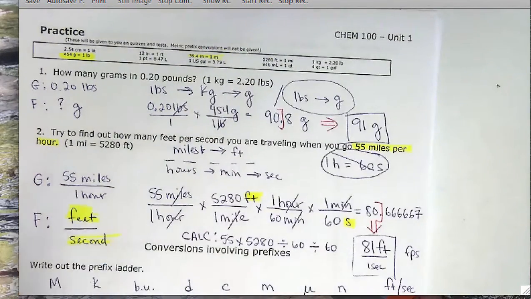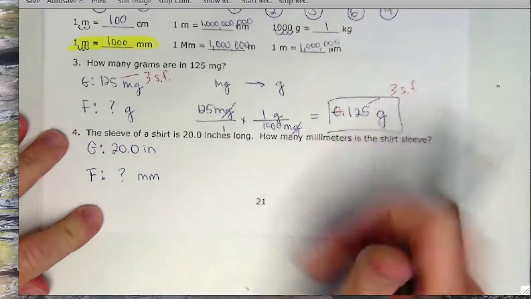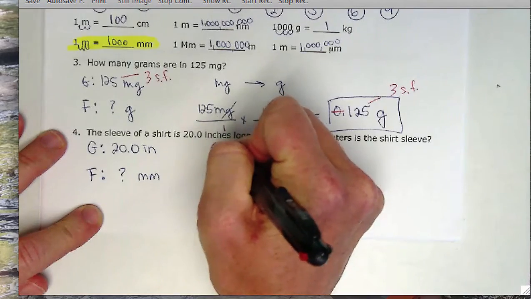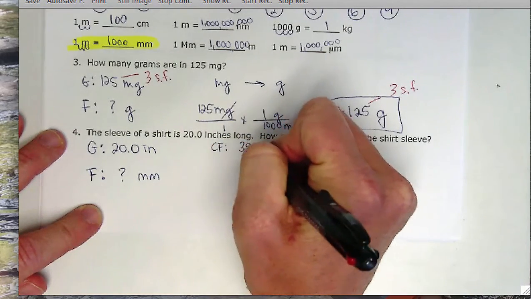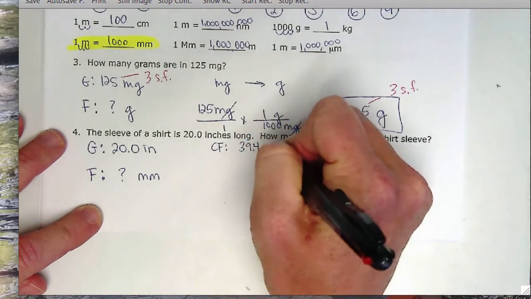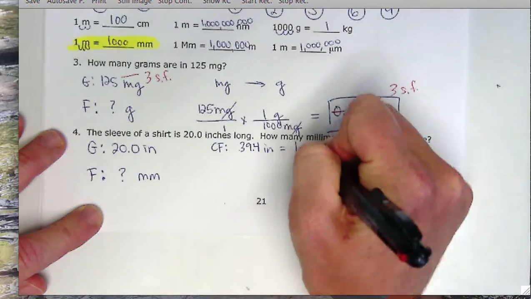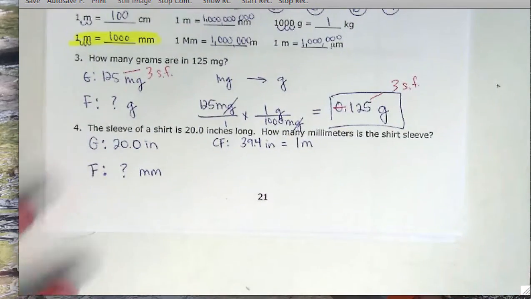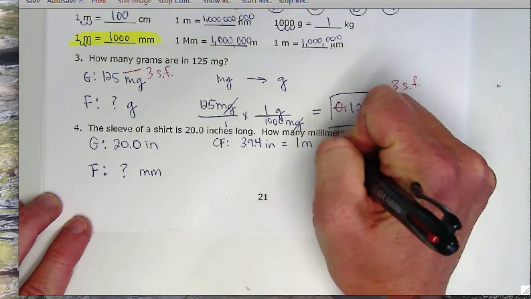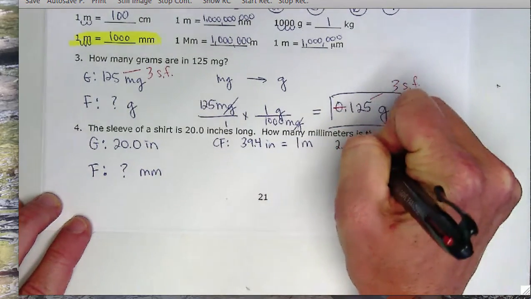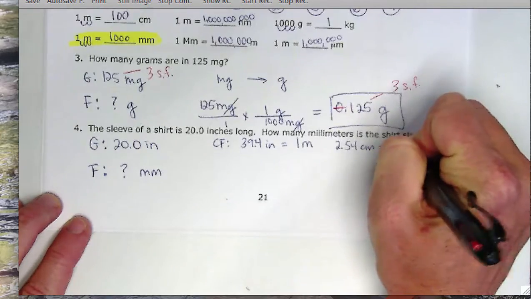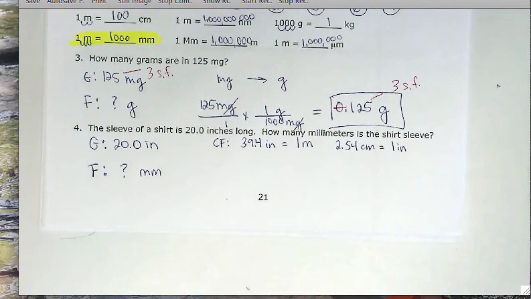So I'm going to write the conversion factor, 39.4 inches, 1 meter. What are some other conversion factors? 2.54 centimeters to an inch.